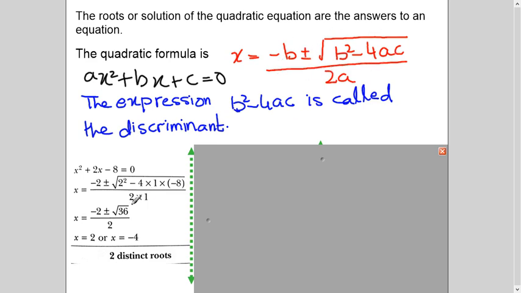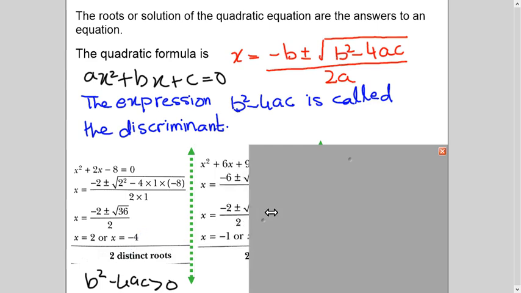And this is 36 at the moment. Can you see? b square minus 4ac is giving me a positive answer, greater than 0. So I get two distinct roots here.